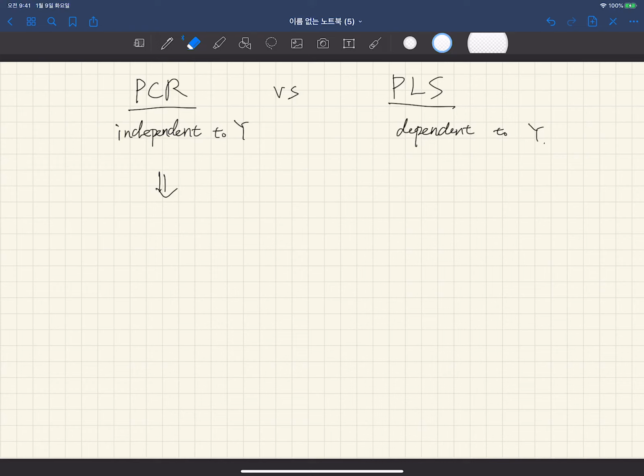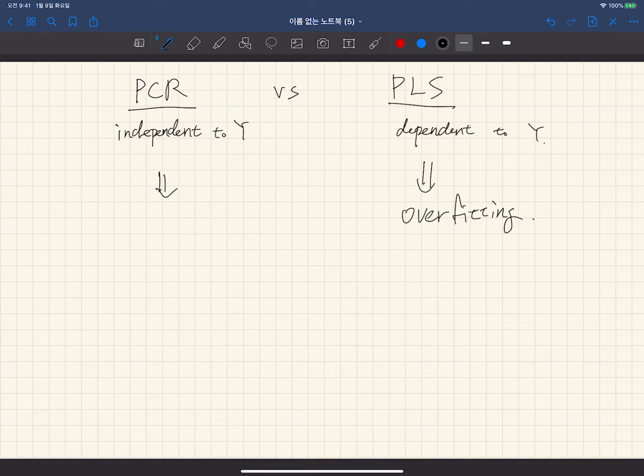PCR can be very bad when your input and output have no correlation in some directions. But PLS can have a chance of overfitting all the time.